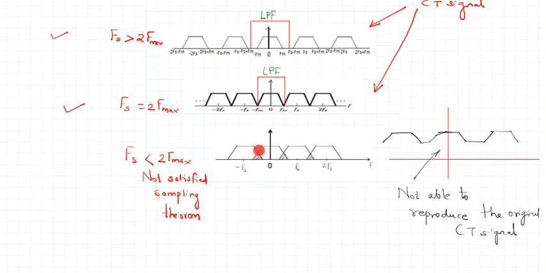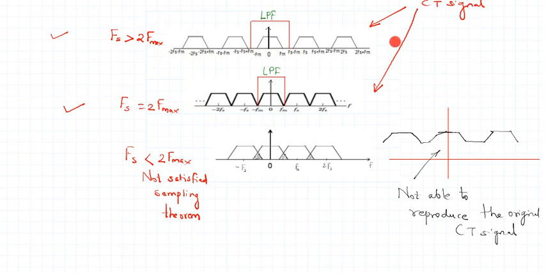This spectral overlap damages the frequency contents itself, and once the frequency spectrum is hampered, we cannot get the original CT signal. Therefore the sampling theorem states that your sampling frequency should be at least greater than or equal to twice f max, so that you are able to reproduce your CT signal, friends.